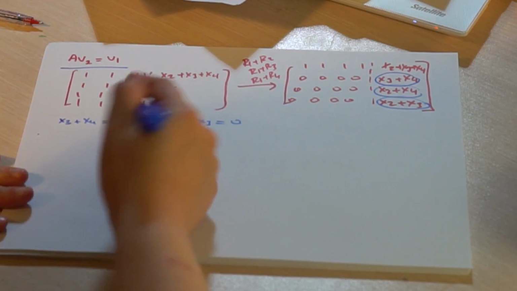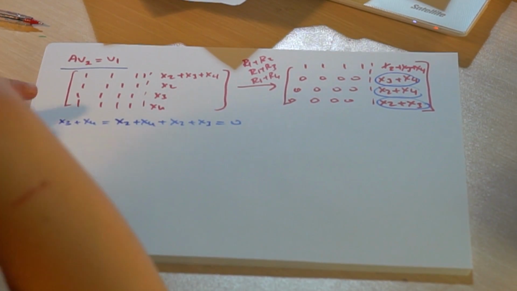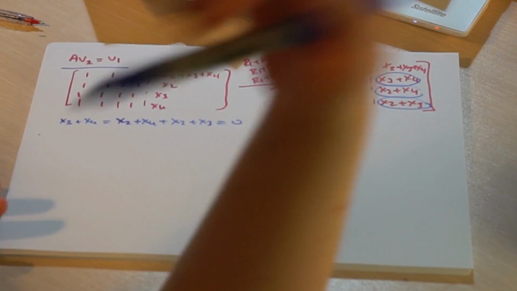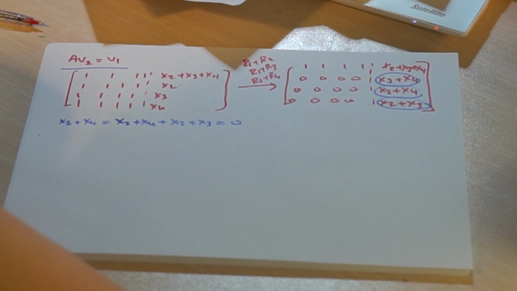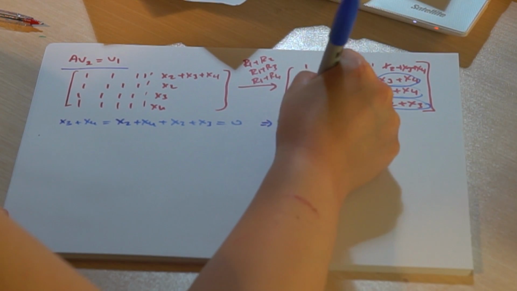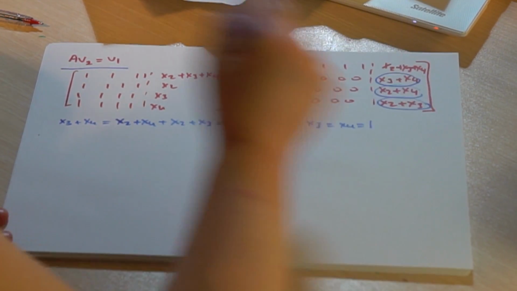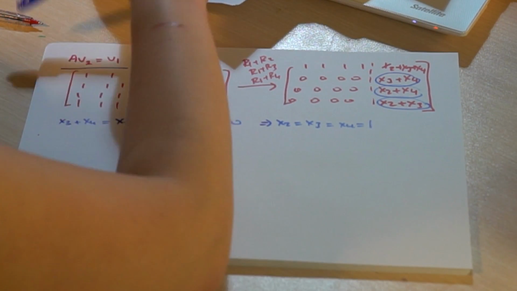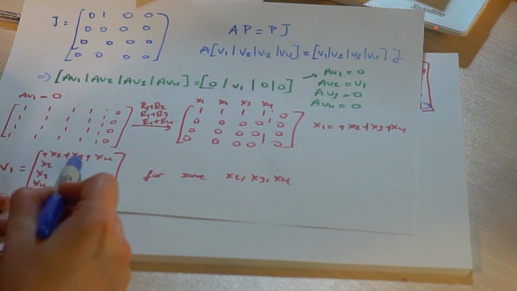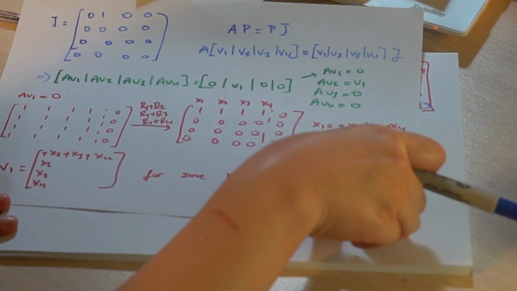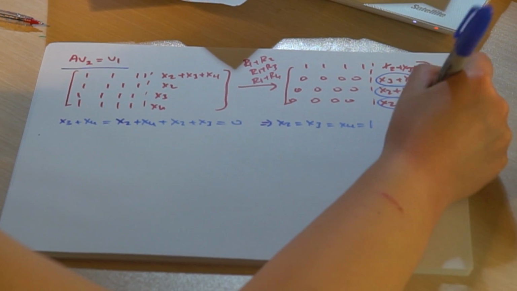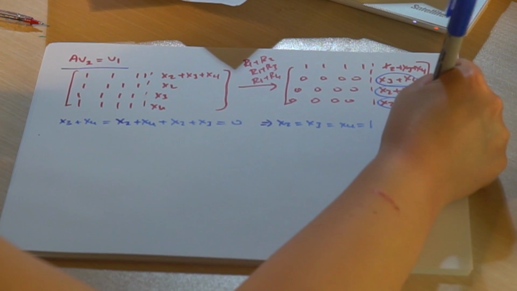From here we can see that they can be all 0 or they can be all 1s, right? But 0 would be the trivial solution, so we take x2 equal to x3 equal to x4, which is 1, and here x2 plus x3 plus x4, 1 plus 1 plus 1, is equal to 3, which is 1 in F2, right? So V1 will be equal to 1, 1, 1, 1.